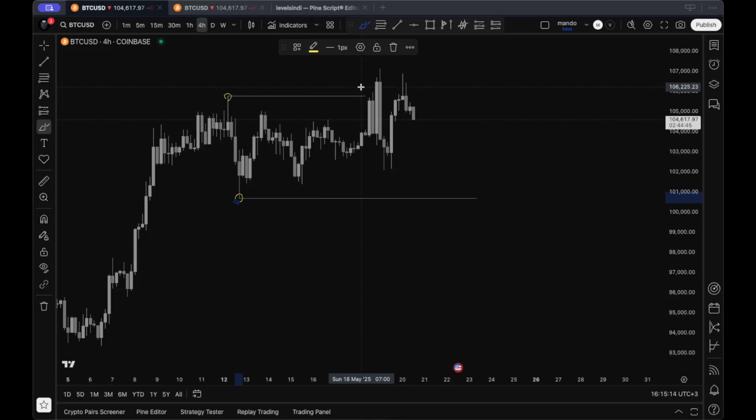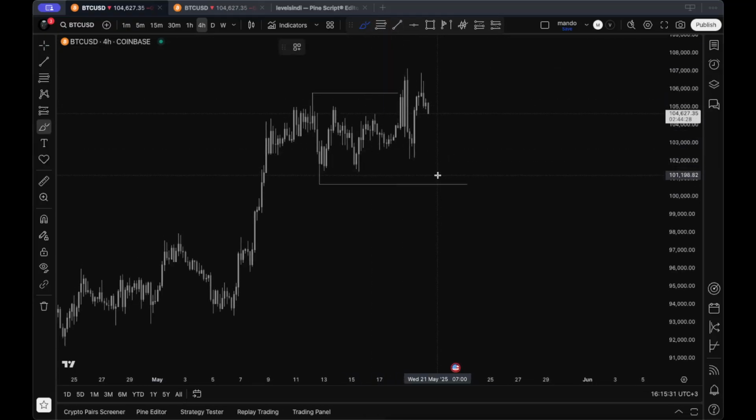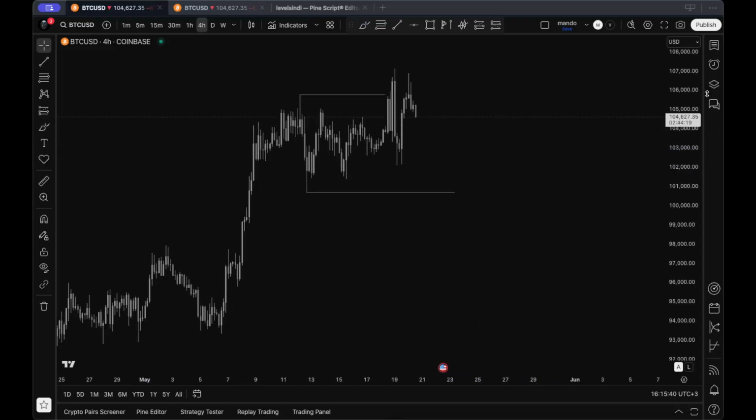We swept one side. In my opinion, we will go for the other side as well, because we have some pretty clean lows and some pretty massive liquidity being formed right around here. So again, what I would expect would be a sweep into reclaim for a continuation higher.